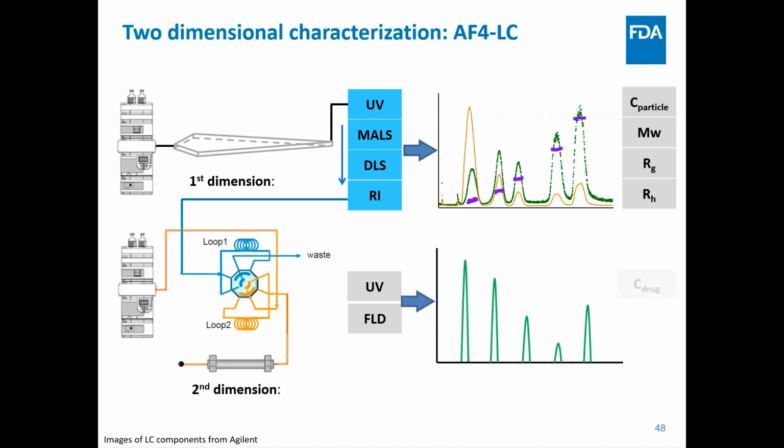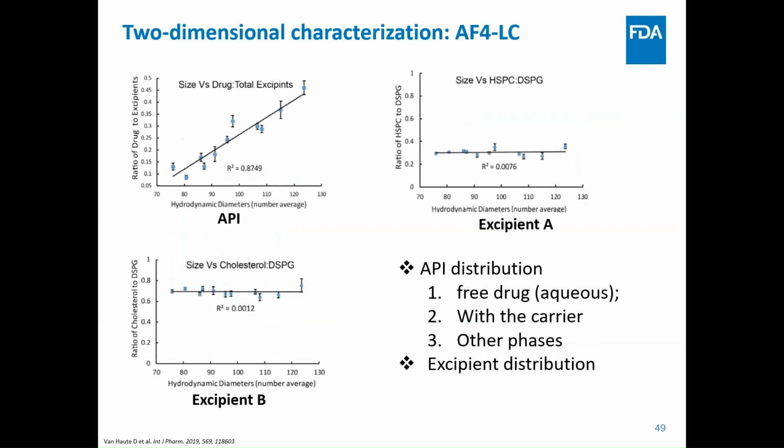We will know the amount of drug in this size fraction and the amount of each excipient in this fraction. And then by combining these two together, we can correlate how much drug or how much excipient is in the 50 nanometer versus the 80 nanometer.